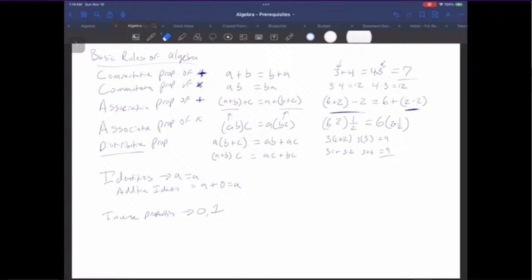It seems very stupid at first, but you'll use it later. If you know something is equal to 0, then when you add it to something else, it's not going to change anything, and you can use that later, and you'll see why. Similarly, the multiplicative identity is that A times 1 is going to be equal to A. Again, it sounds stupid.